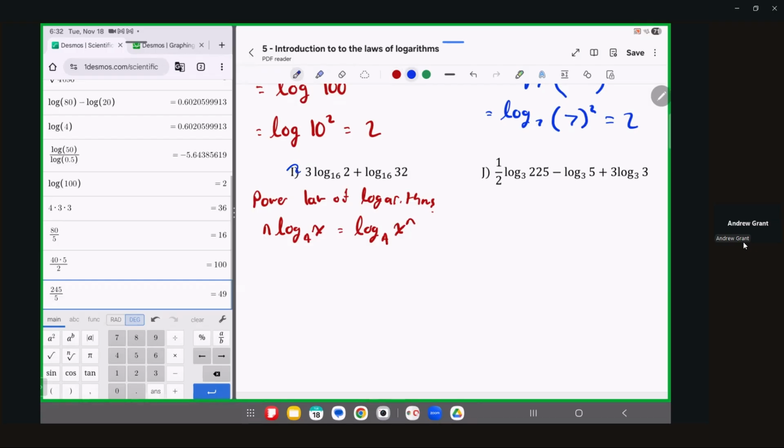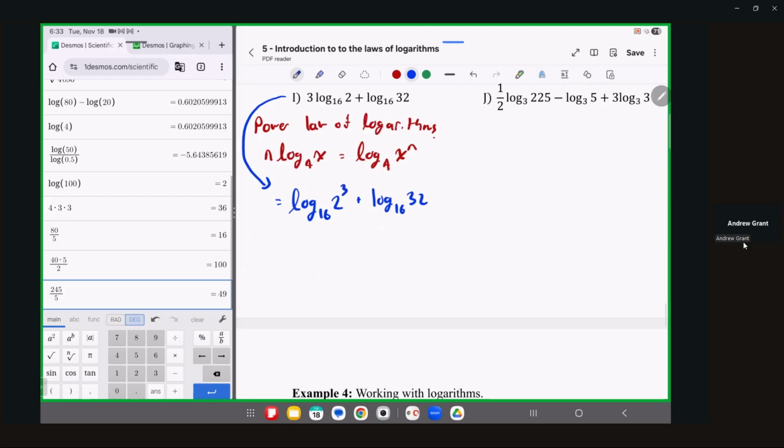And so, consequently, if you have 3 times log base 16 of 2, that's the same thing as log base 16 of 2 to the power of 3 plus log base 16 of 32.